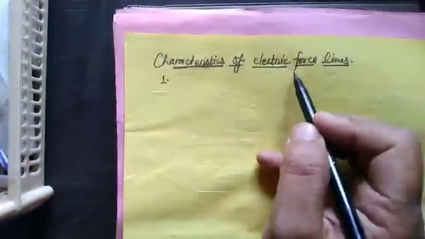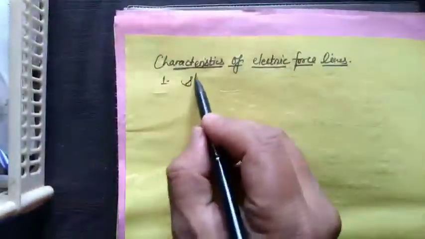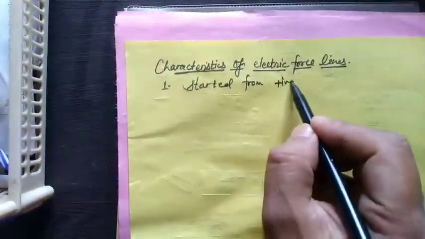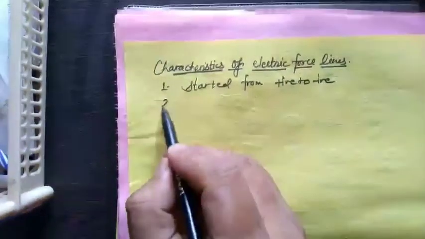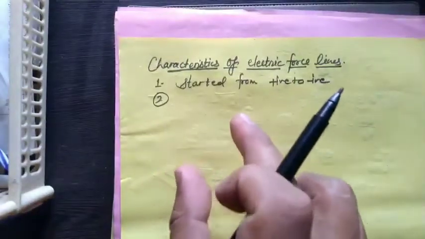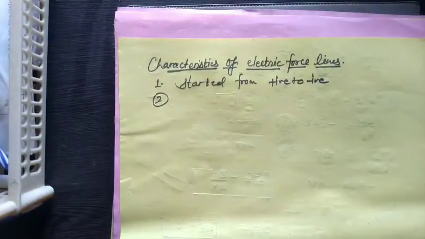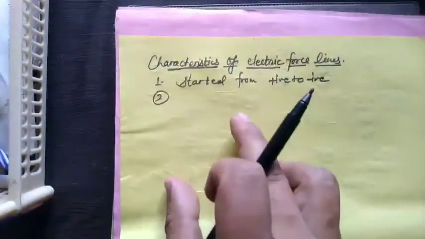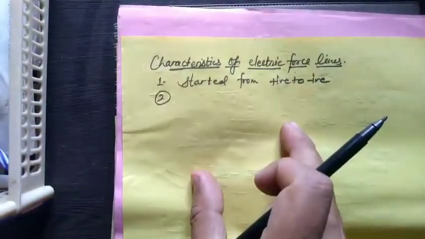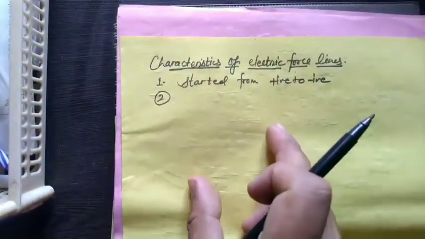Characteristics of electric force lines. Number 1, these electric force lines start from positive to negative. Number 2, these electric force lines can never intersect each other, because two tangents could be drawn at the point, which would mean there are two directions of the electric force line at that point, which is impossible.